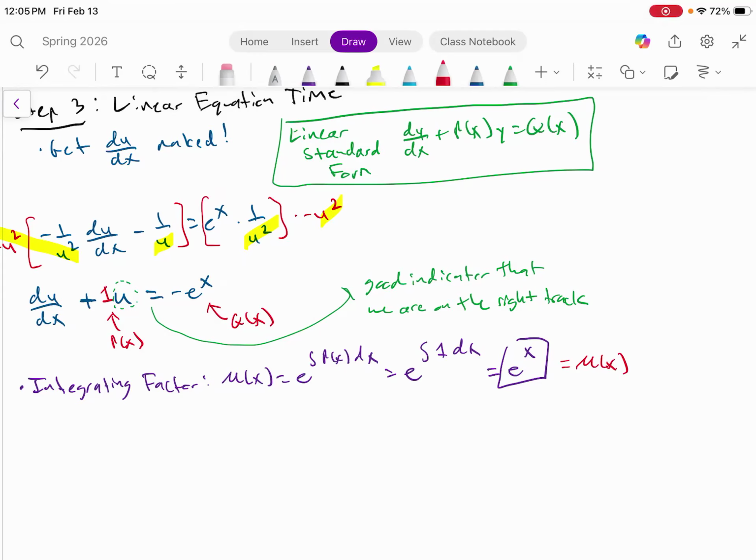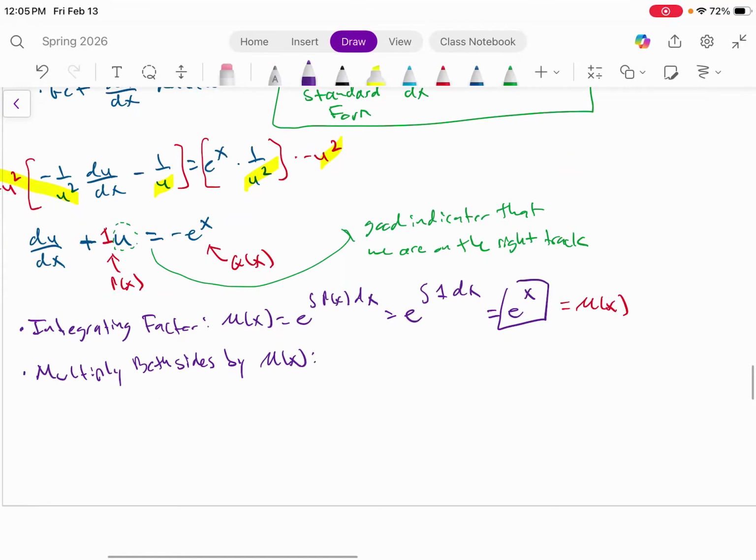And then we're going to multiply both sides by the integrating factor. All right, solving this linear equation like we normally would. So we're going to take this du over dx plus u equals negative e to the x, and we're just going to multiply both sides by e to the x.